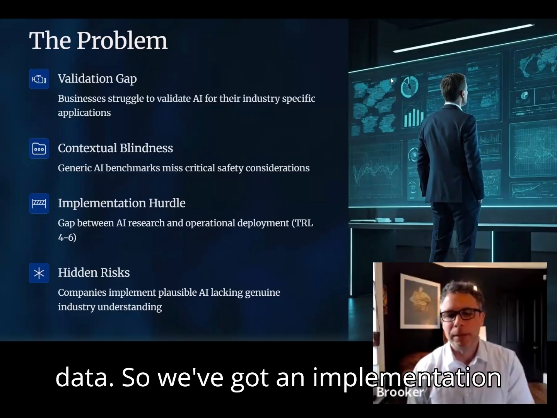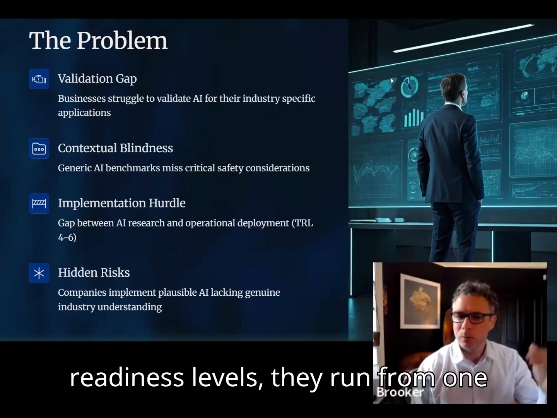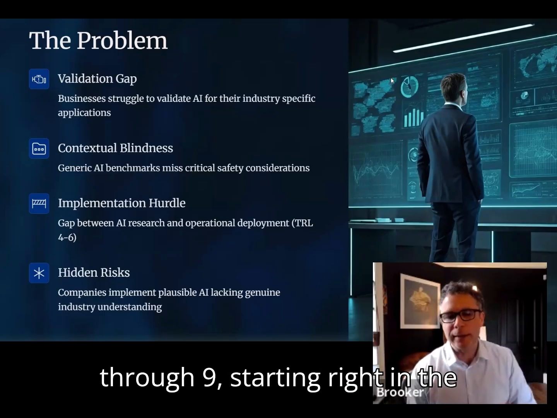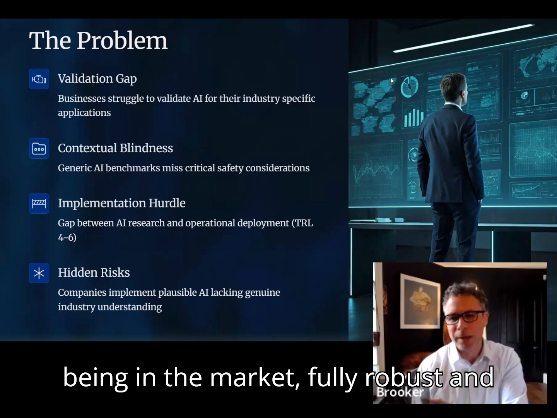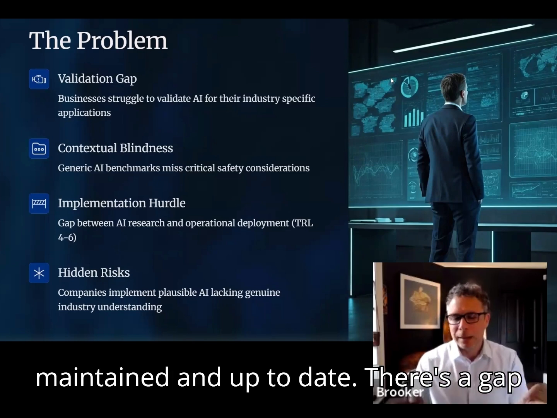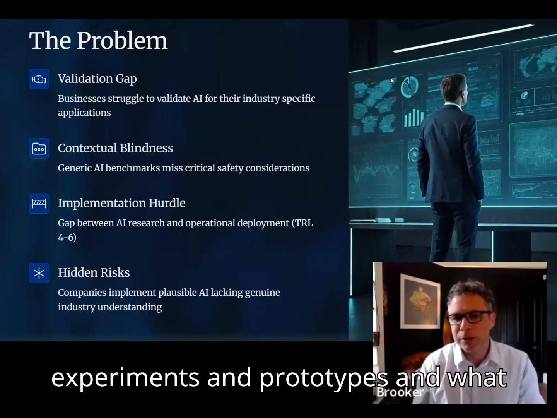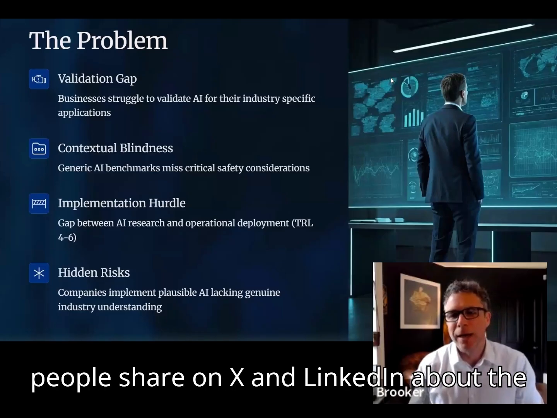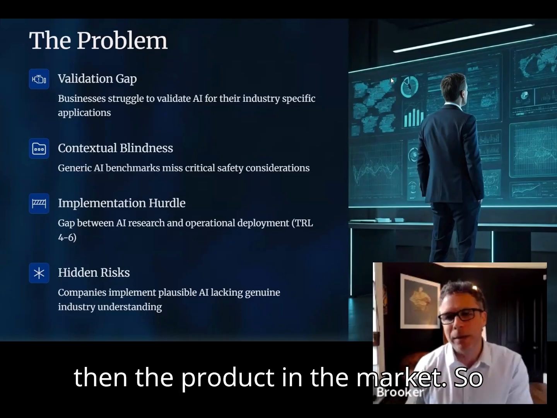So we've got an implementation hurdle. If you're familiar with technology readiness levels, they run from 1 through 9, starting right in the lab with an idea, number 1, and 9 being in the market, fully robust and maintained and up to date. There's a gap between lab experiments and prototypes and what people share on X and LinkedIn about the amazing things they can do, and actually then the product in the market.